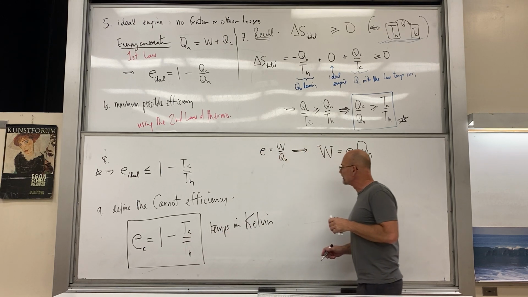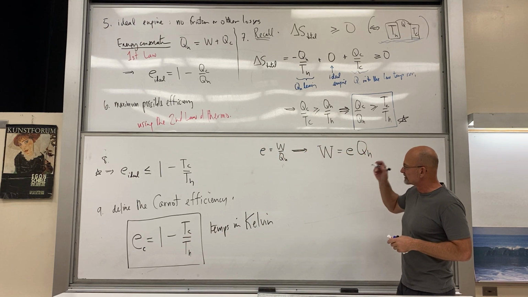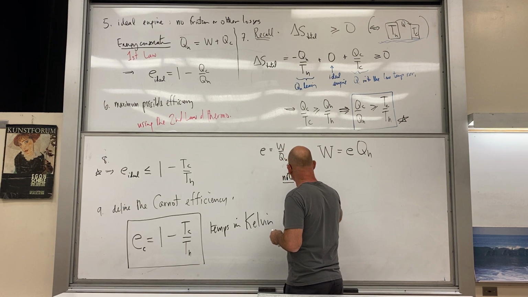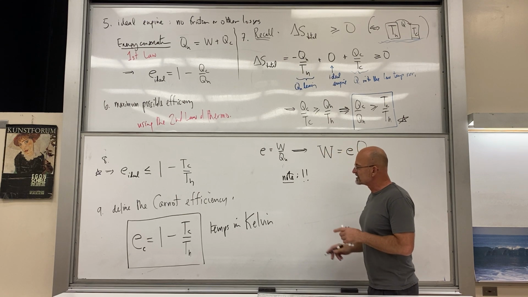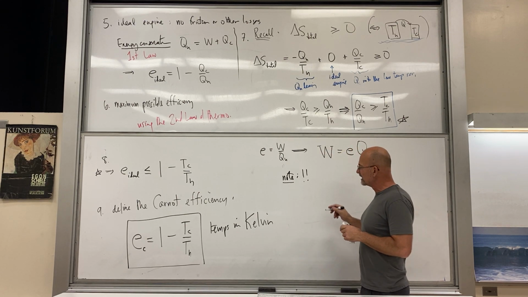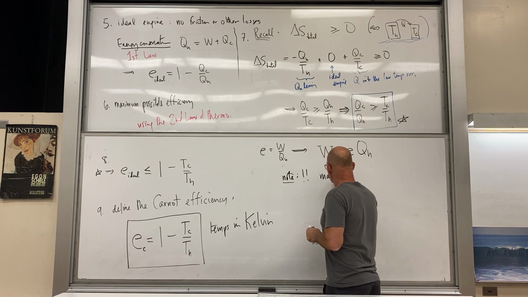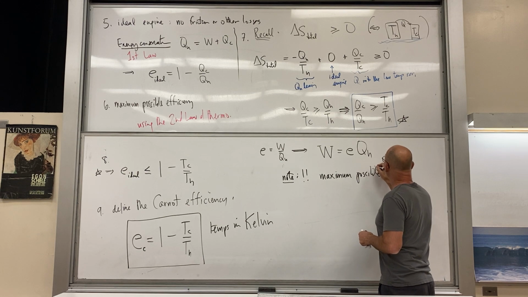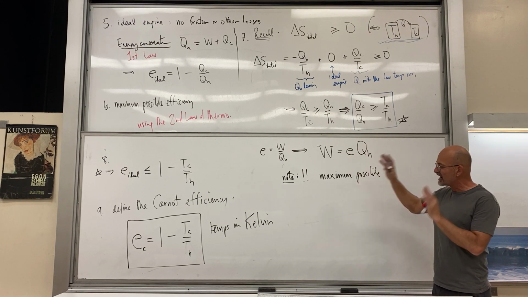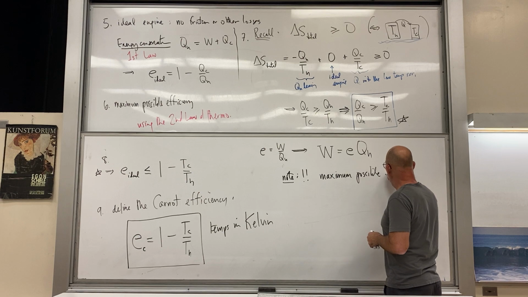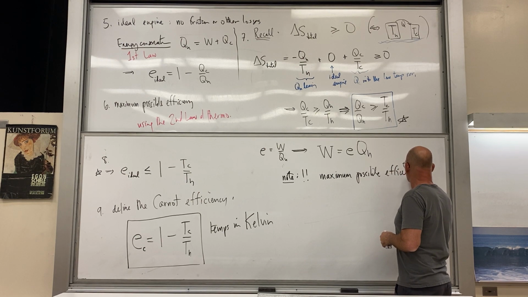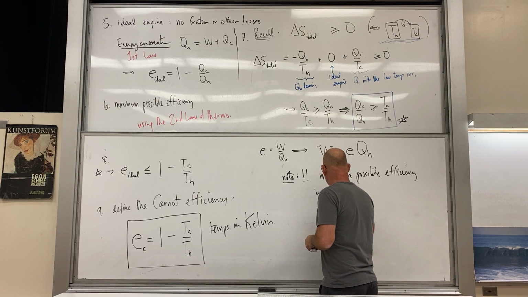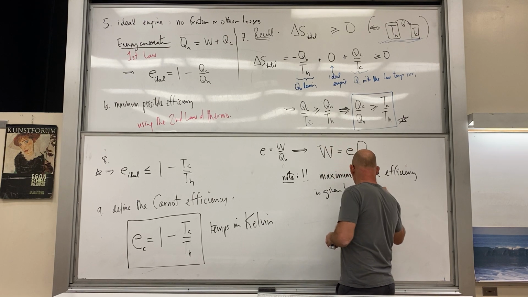Okay. But if Tc is much smaller than Th, then the efficiency can be larger. So what we have to do is some examples. But I'll put this as a note first of all. A very important one, exclamation points. This is the maximum possible efficiency of a heat engine. And it's based on energy flowing from hot to cold, so this cannot be violated. Okay? So maximum possible efficiency is given by the Carnot efficiency.